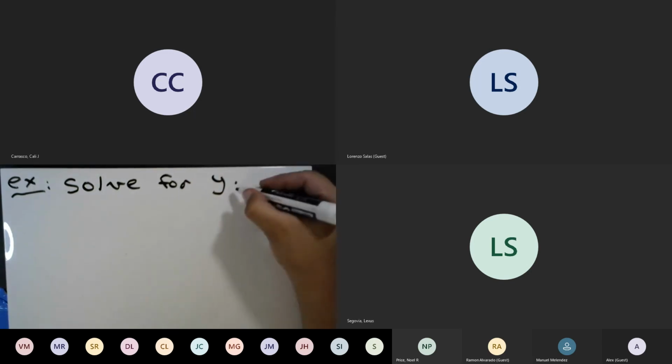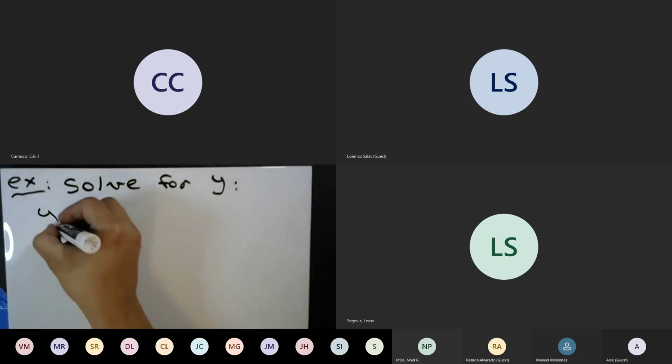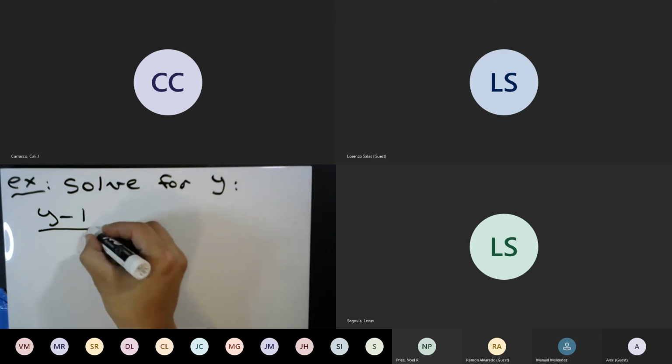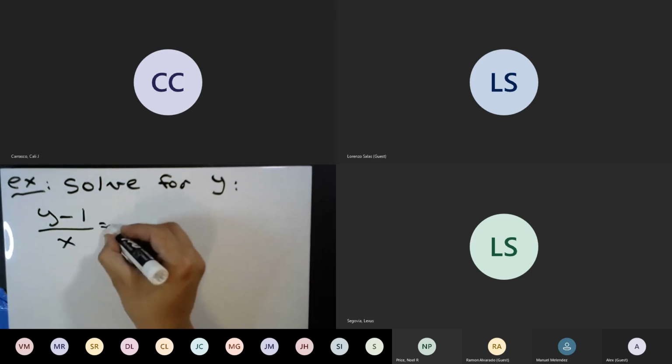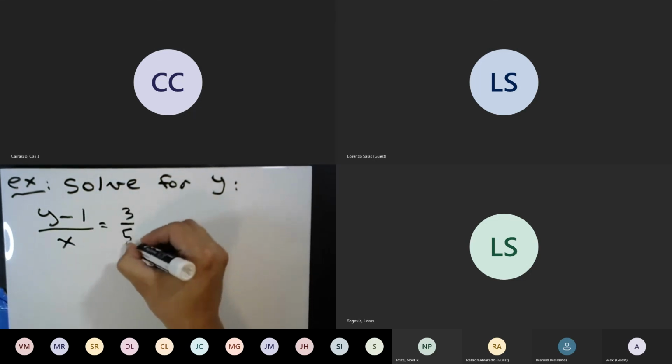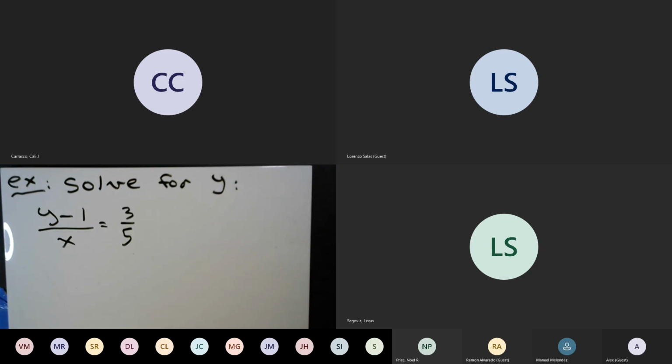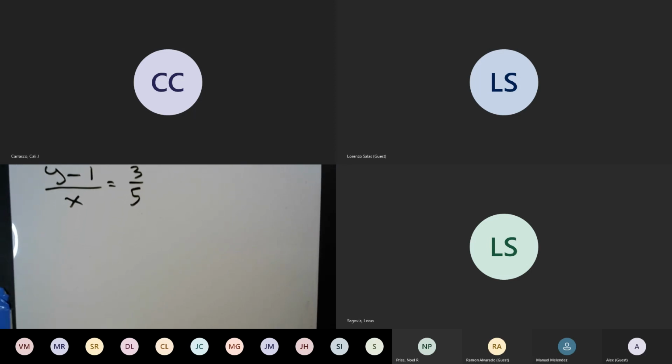Solve for y. Oof, there's fractions in there. Everybody's favorite. So what we're going to do here, we want to solve for y. So we want to kind of dig up y as best as we can.